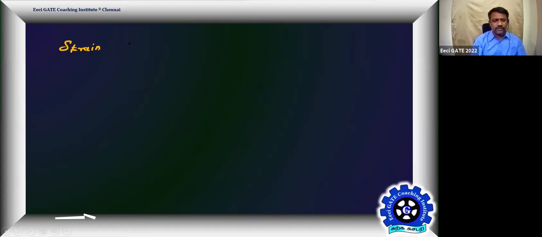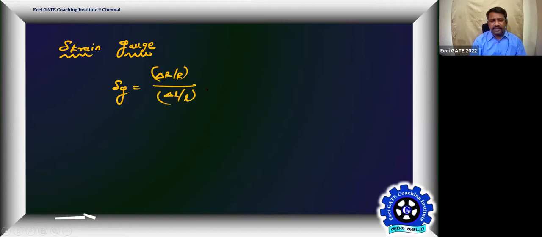We'll see how we are going to form the strain gauge. That's a strain sensor. What we need to remember is only the gauge factor SG is equal to unit change in resistance divided by unit change in length, that is what we shortly memorize as delta R by R divided by the longitudinal strain in the body. Okay, easy everyone?